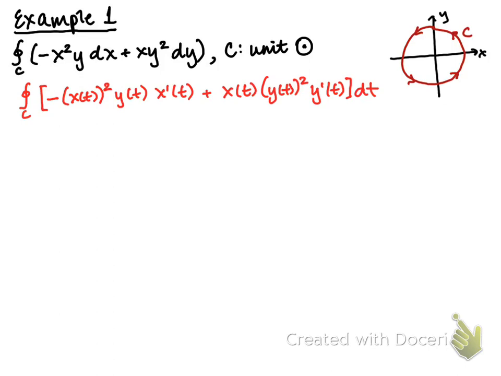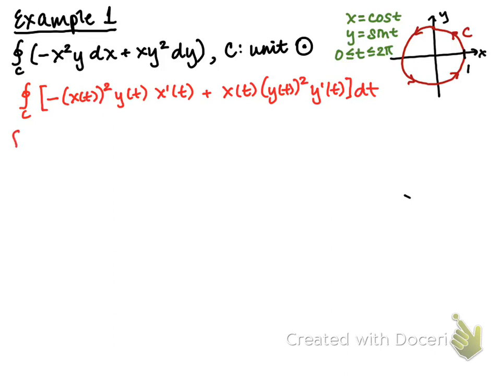And of course, it's a unit circle, so the radius is 1. For my parameterization, x is cosine t, y is sine t, and t goes from 0 to 2 pi. Okay, so let's plug into the equation we've written here.